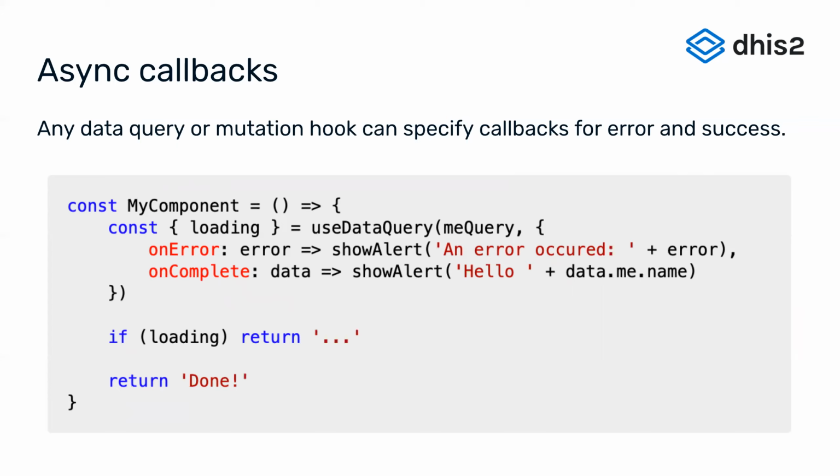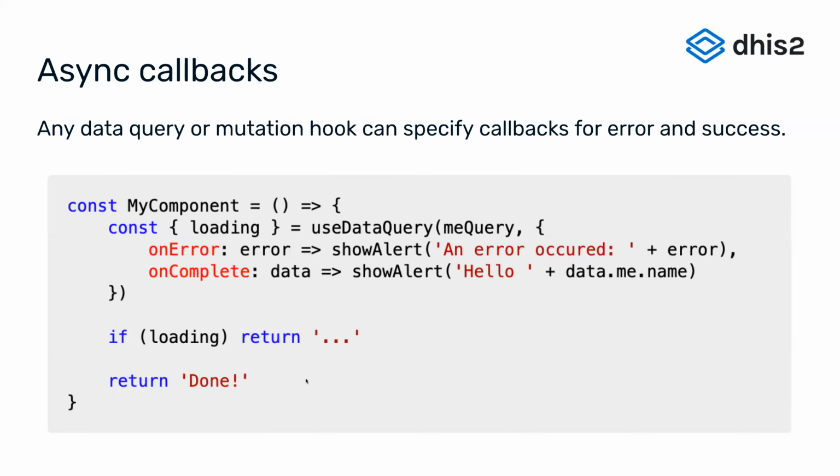In this case, we're calling use data query with a query, and we're only caring about the loading state at the end. Probably this wouldn't be a very interesting component to render, but it serves our purposes here. If the fetch for the me endpoint is in the process of loading, we return a loading message. And once it's done, we just say done.